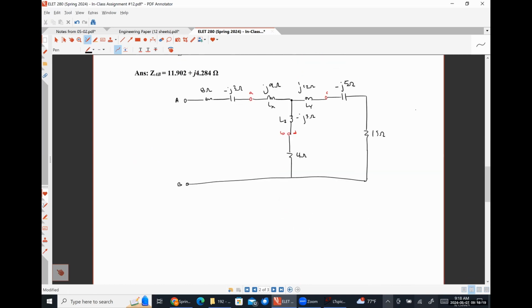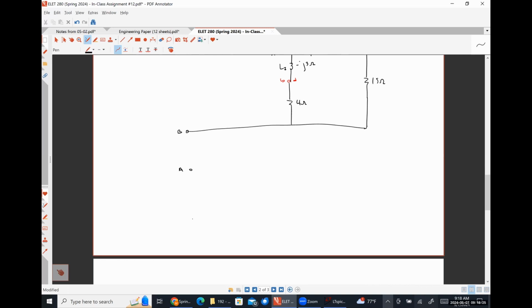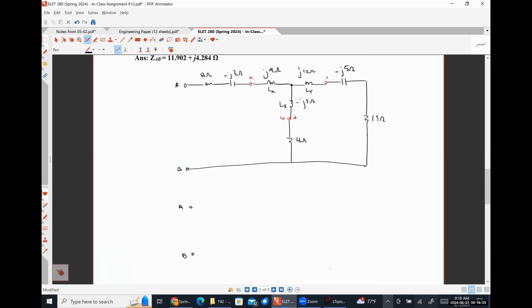All right. So let's go a step further. And now let's just lump stuff together like this was a regular old circuit, because that's exactly what it is. To me, it looks like I have 8 ohms in series with minus J3 ohms in series with J9 ohms. So I'm going to lump those together and call that 8 plus J6 ohms.